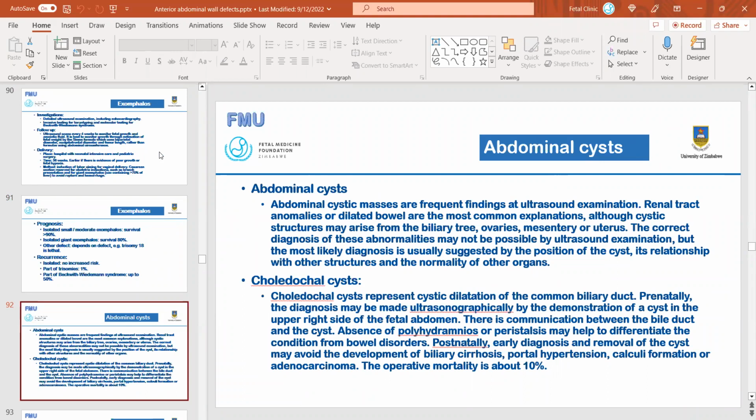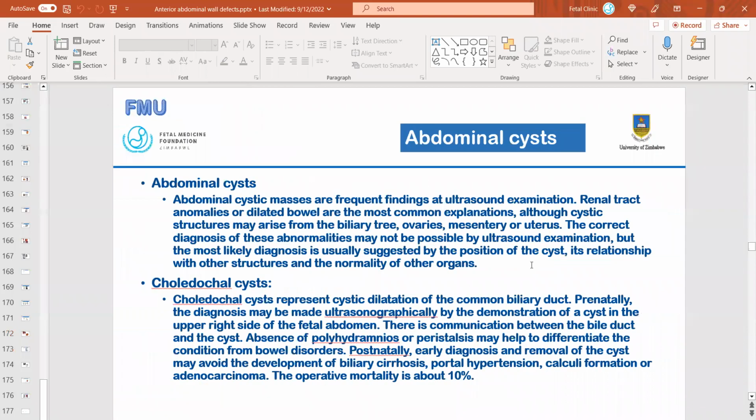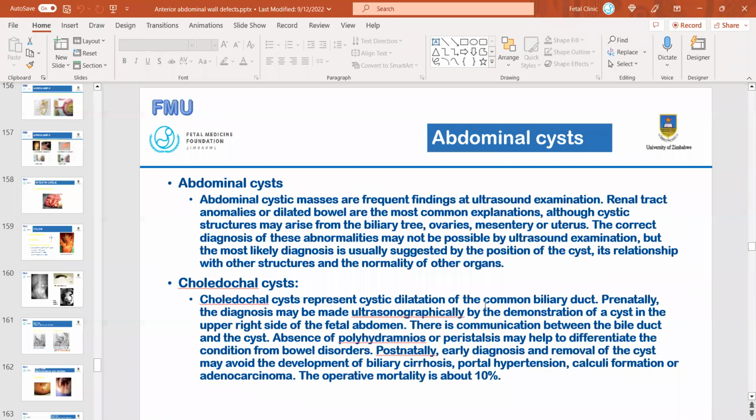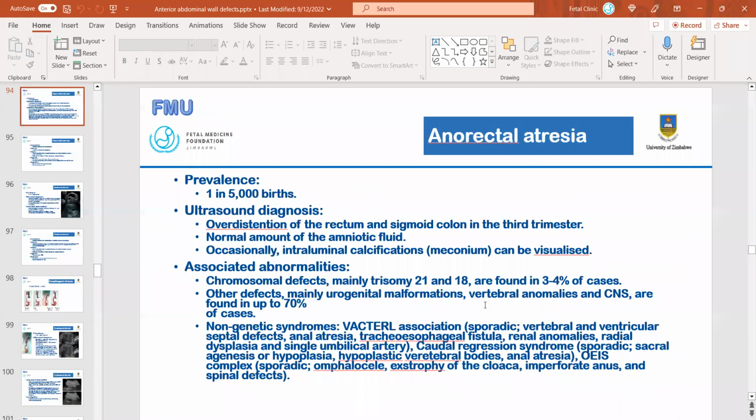Right. So abdominal cysts, they are as common as 1 in 5,000 births. Obviously, prenatally, they may be higher than this because some of the babies with these cysts may not be born, may be miscarried, and so forth.